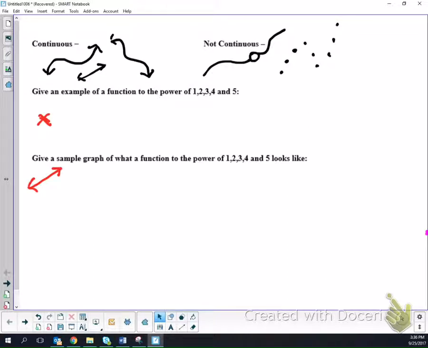Different functions that involve just x to the power of 1, like 2x plus 1 or negative 3x minus 2, each of them is going to look slightly different, but in the end, all of them are just going to be these straight lines. And that's what we get from x to the power of 1.